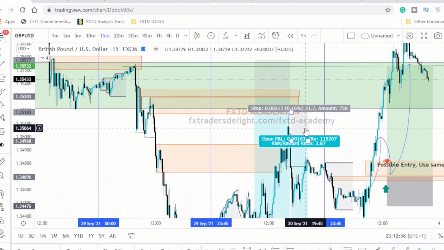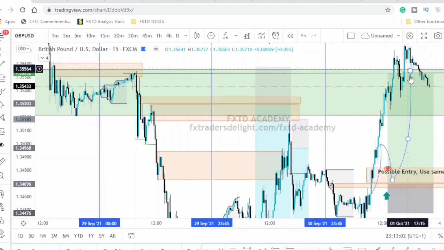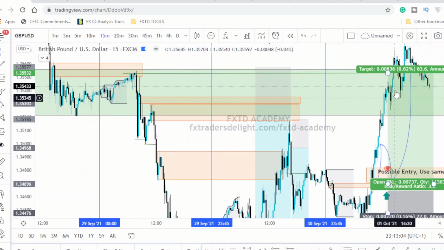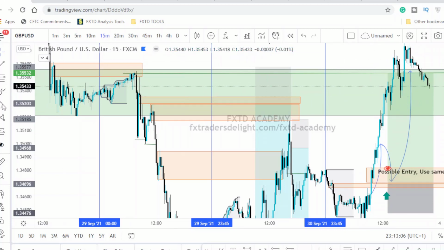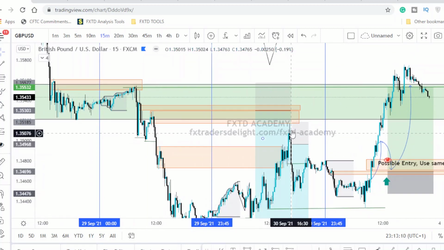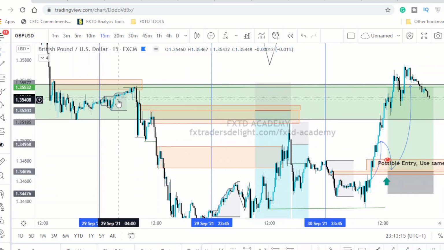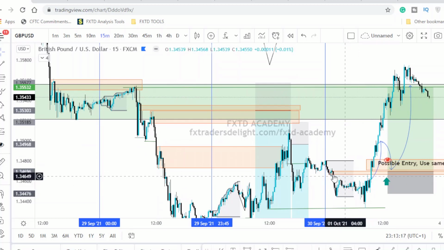Now, why is it that this level did not hold when price got to it, though there was a kind of rejection? Right now, it's very simple. One of the reasons is that this level has been respected, so I really don't expect that this level should also be respected anymore.